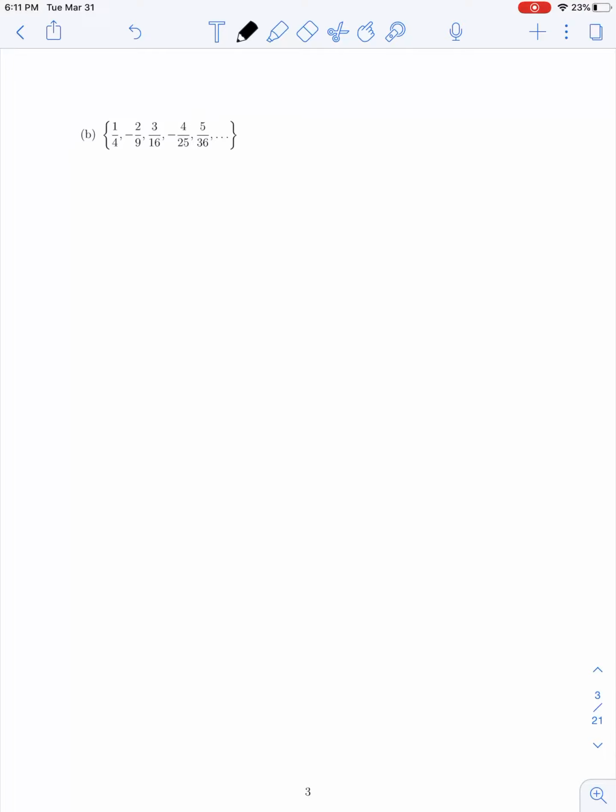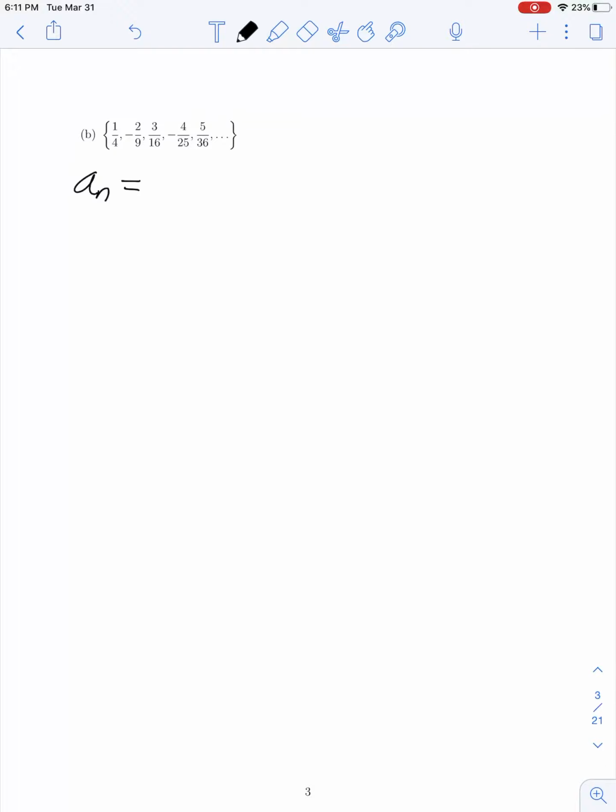In part B, we have the first several terms of our sequence are positive 1/4, negative 2/9, positive 3/16, negative 4/25, 5 over 36, and so on. So here our terms of the sequence are a little bit more complicated.